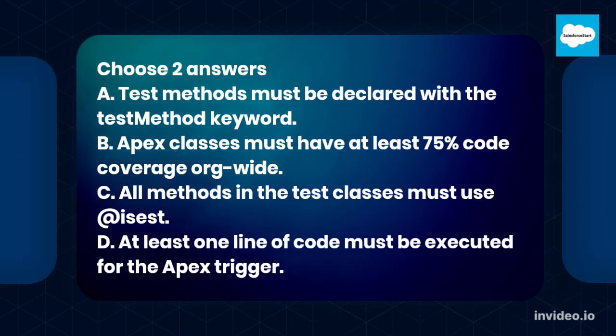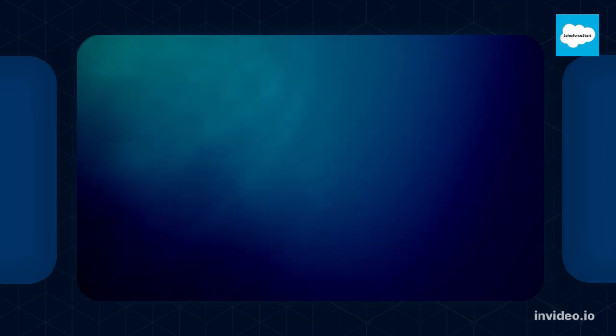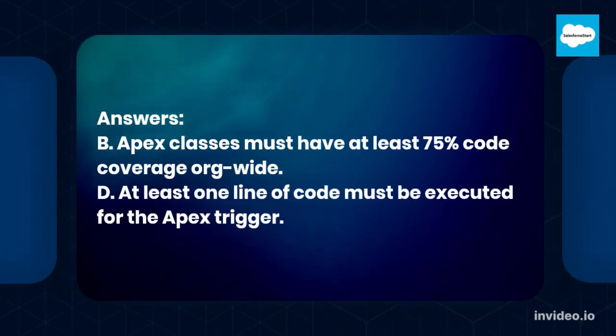B. Apex classes must have at least 75% code coverage org-wide. C. All methods in the test classes must use isTest. D. At least one line of code must be executed for the Apex trigger. Answers: B. Apex classes must have at least 75% code coverage org-wide. D. At least one line of code must be executed for the Apex trigger.